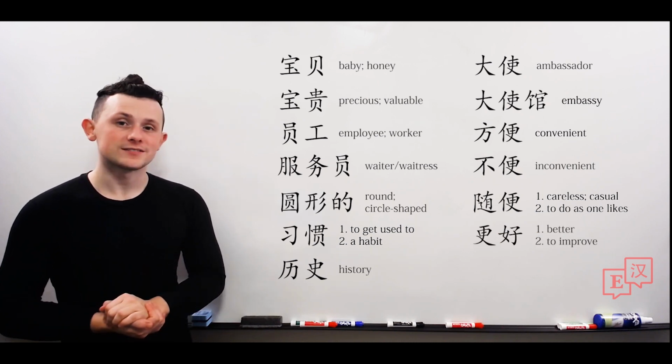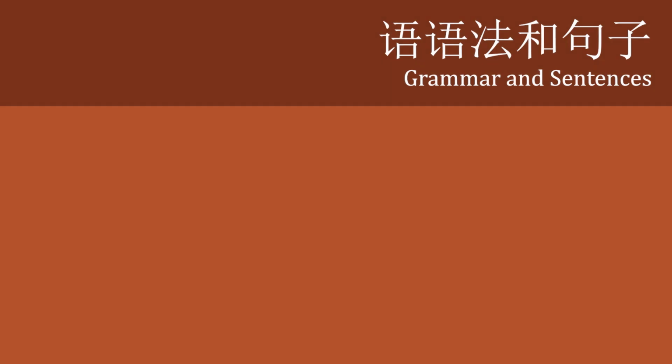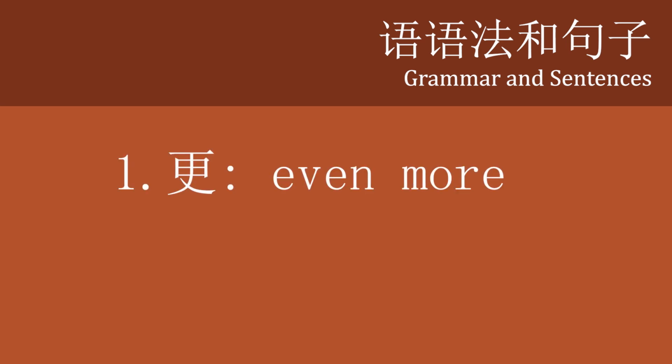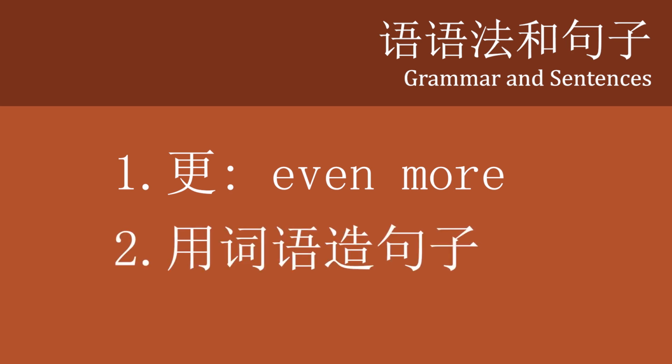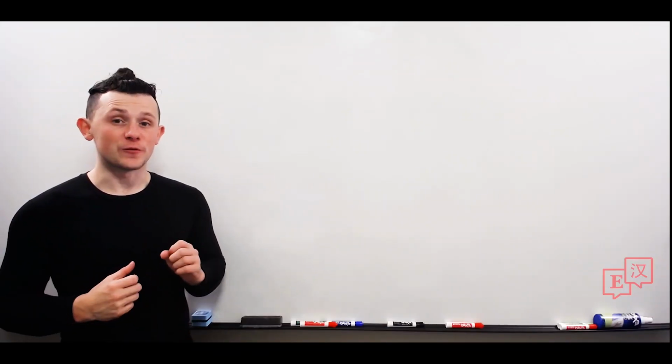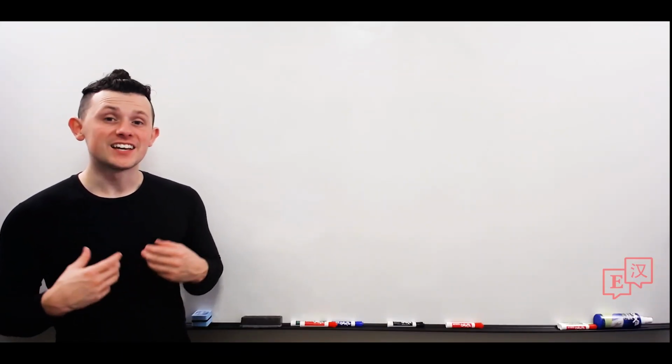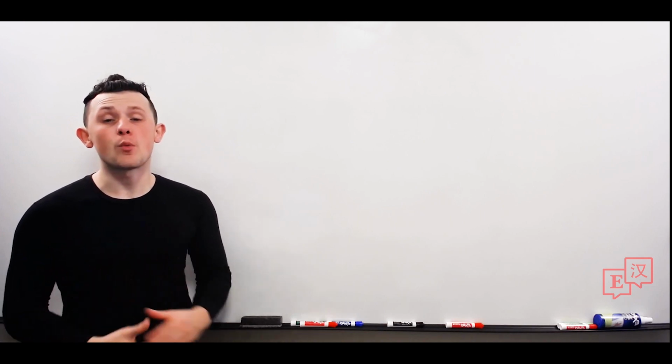That's all for words. For today's grammar and sentences, we will first talk about how to use 更, meaning even more. Then we'll present you with some additional sentences to help you better understand the vocabulary. So, 更 means even more.